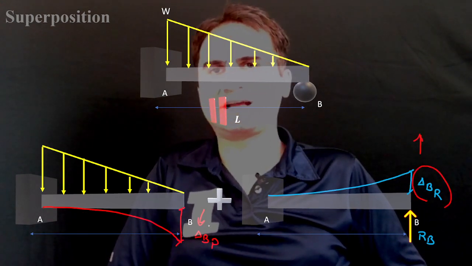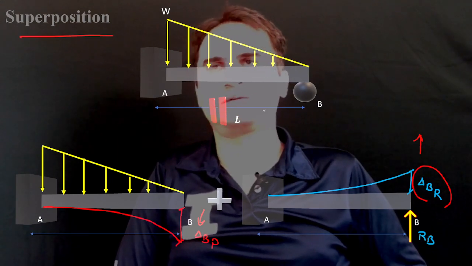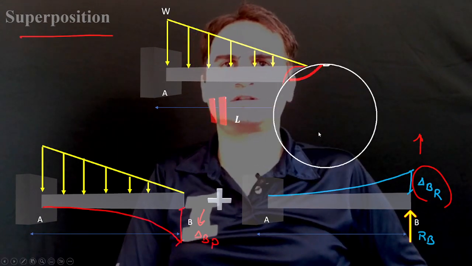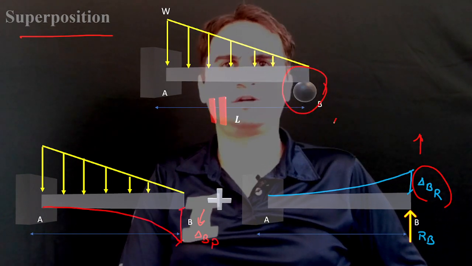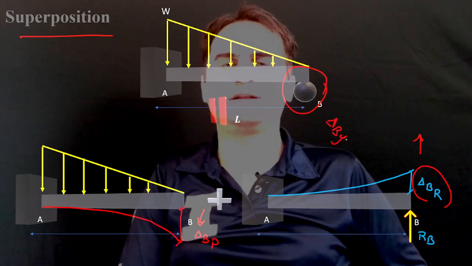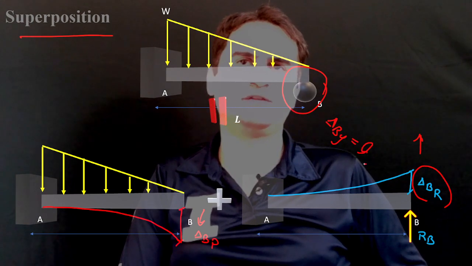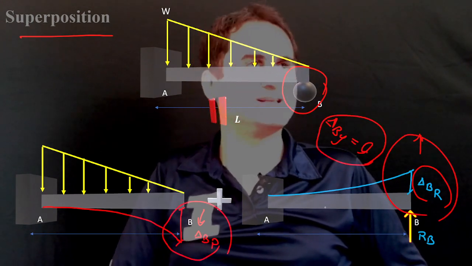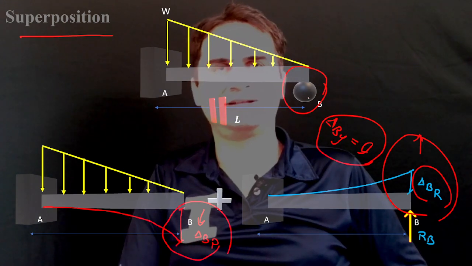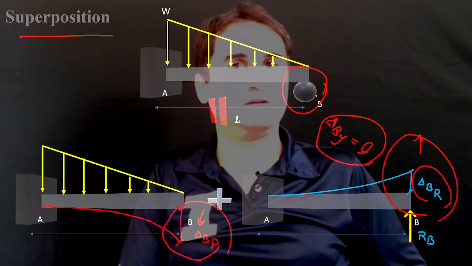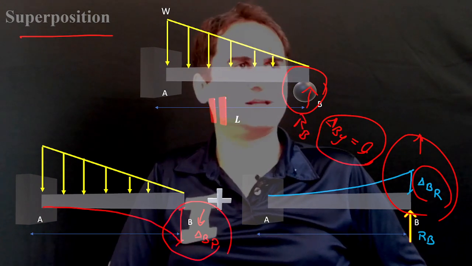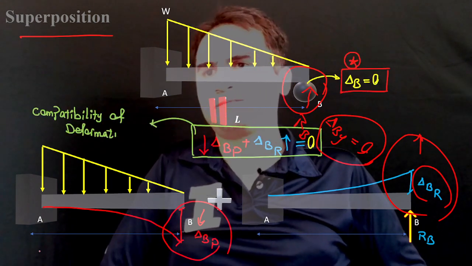If we add these two by the help of superposition, we know from the support condition that delta B in the y direction is definitely 0. So these two cancel each other, and then we can get the redundant reaction force RB.